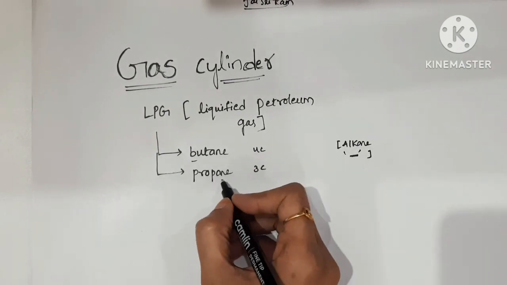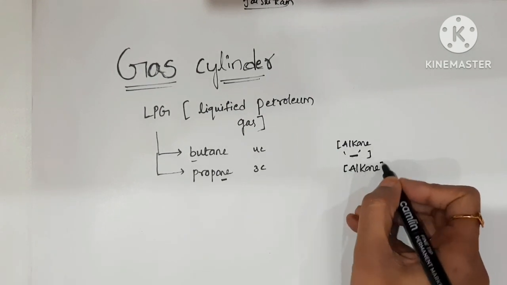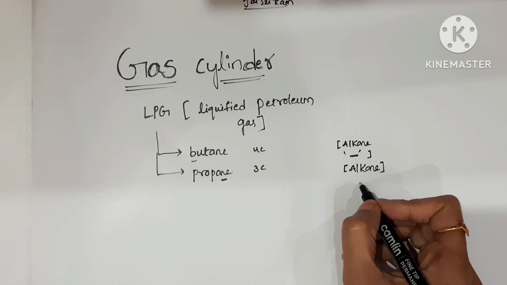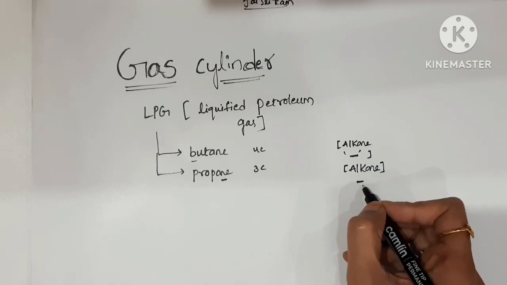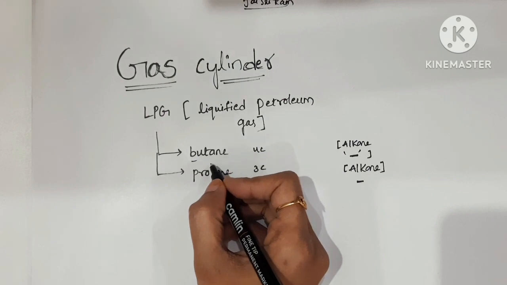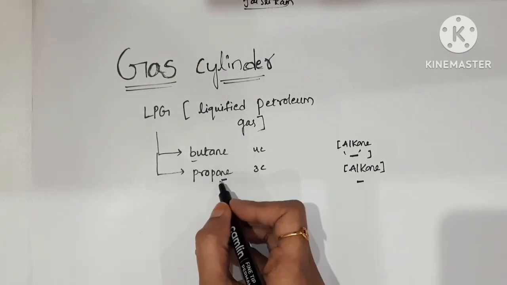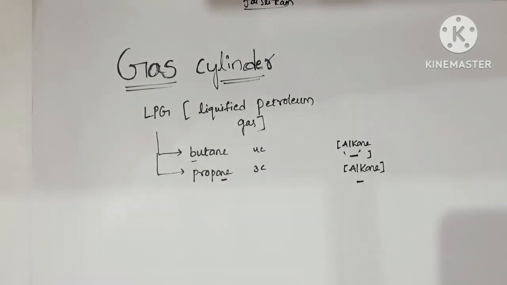Butane and propane are hydrocarbons, only hydrogen and carbon atoms are present.